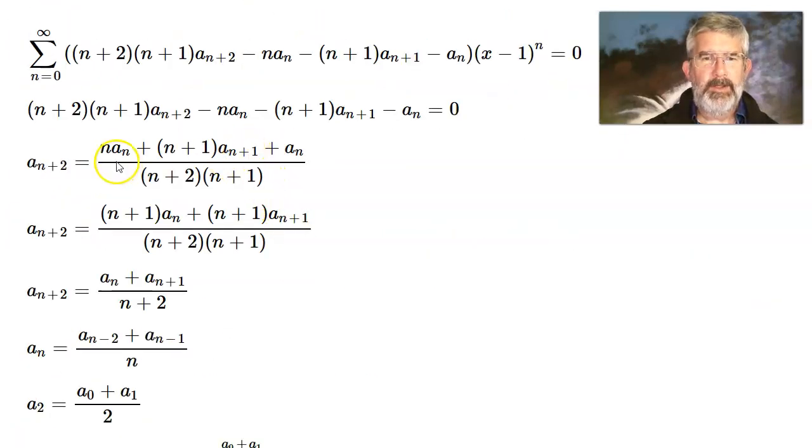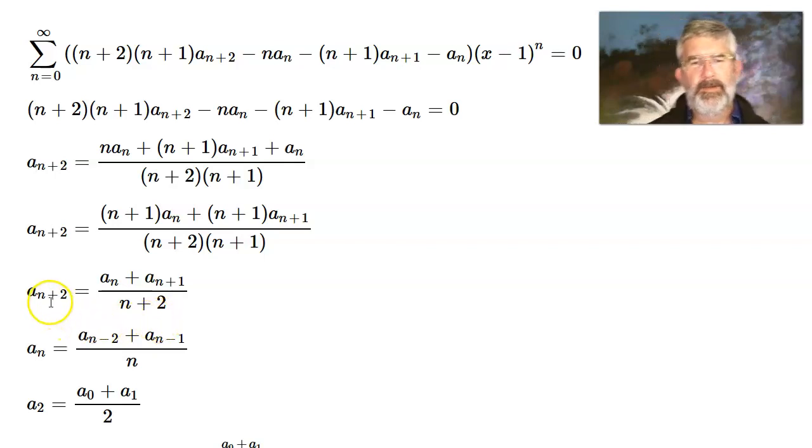Combining some like terms, there happens to be the a sub n's, there's n of them and one more, so there's n plus 1 of them, then there's a factor of n plus 1 that cancels out top and bottom, leaving just a sub n plus a sub n plus 1 all over n plus 2.